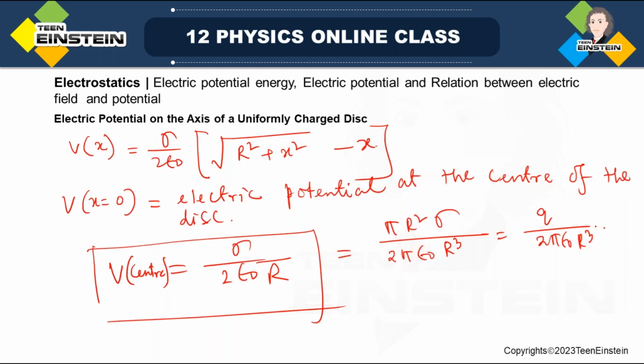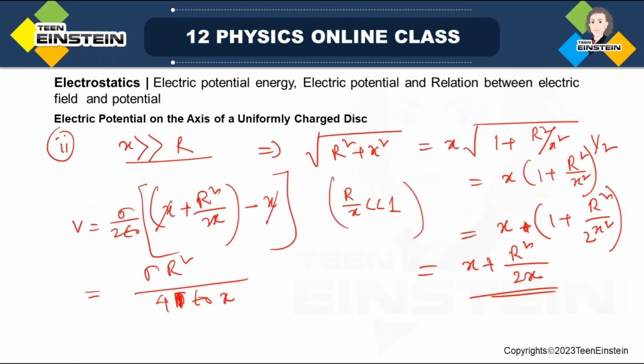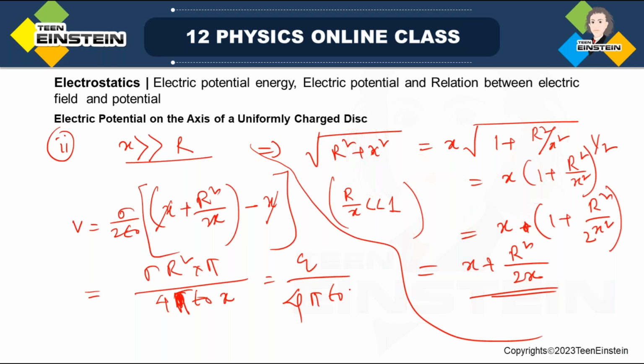Okay, the other term let us just take care. Here sigma r square is there. We can just multiply pi in the numerator and pi in the denominator. This will give you q, and here 4 pi epsilon naught x.